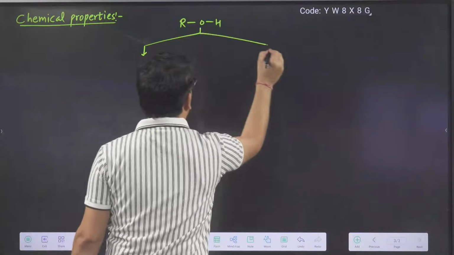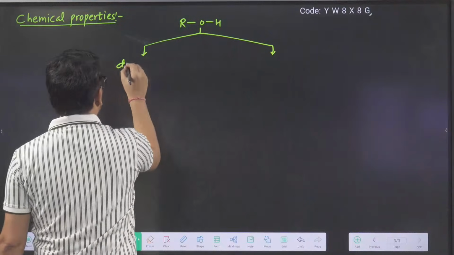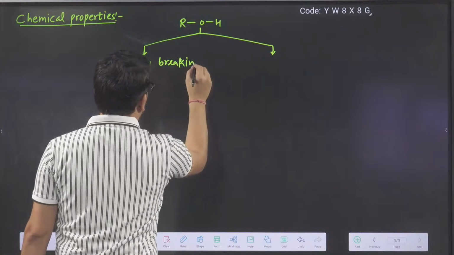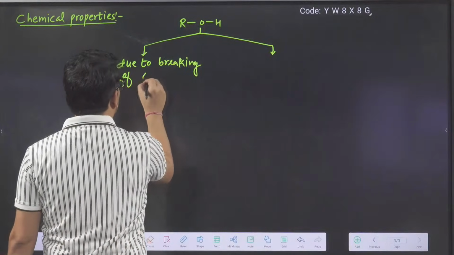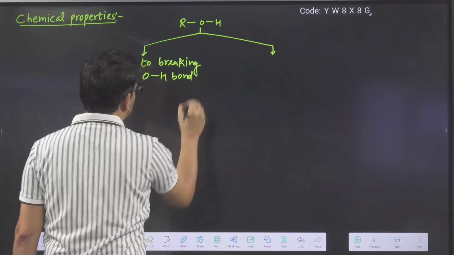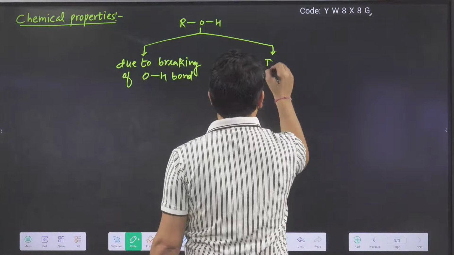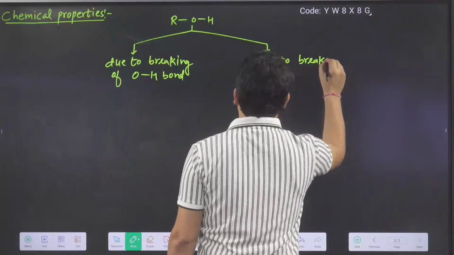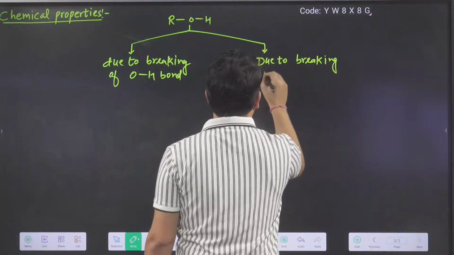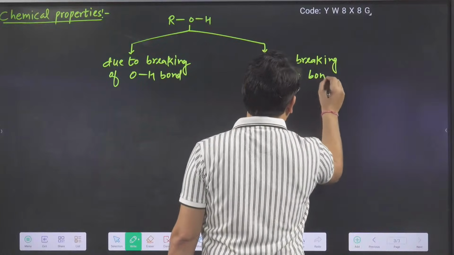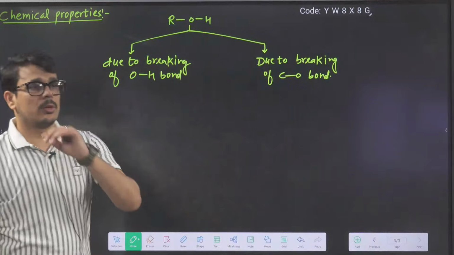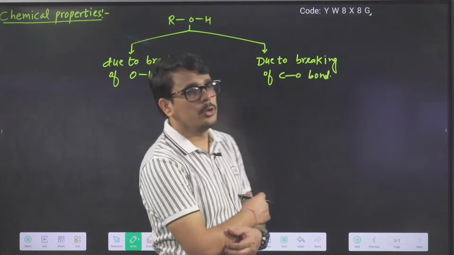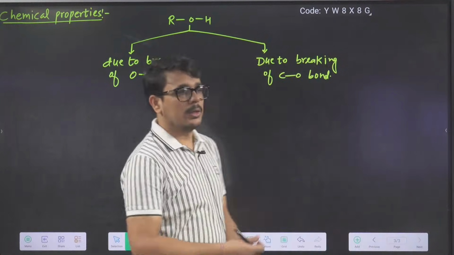So in alcohol you found 2 types of reaction: due to breaking of OH bond, or due to breaking of carbon oxygen bond. How many types of reactions shown by this one? 2 types. Either due to breaking of OH bond, or due to breaking of CO bond. Clear, yes or no?